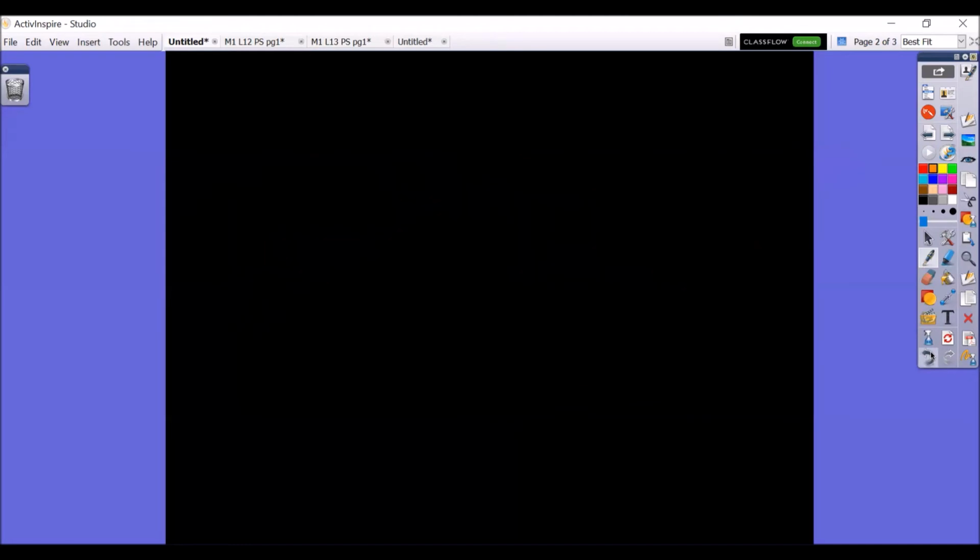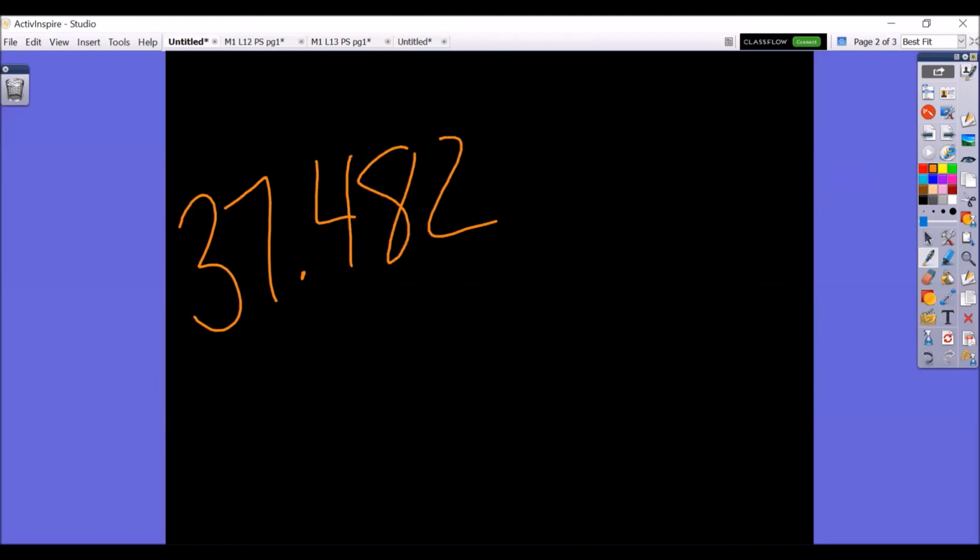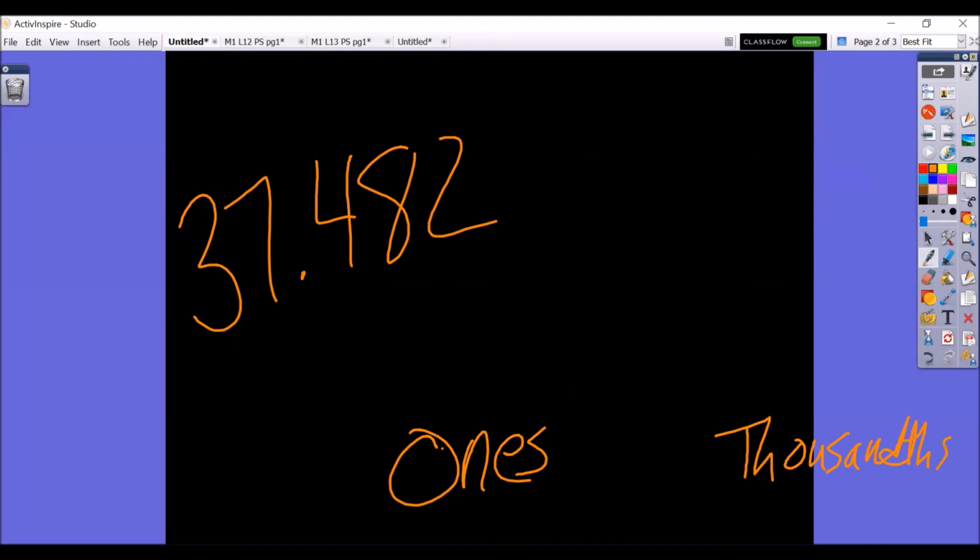All right, let's make it a little bit more challenging. Let's do 37 and 482 thousandths. And this time I'd like to represent it in 2 units. So I'd like to represent it in ones and thousandths. So let's think about this real quick. This time I'll use the highlighter to help us.